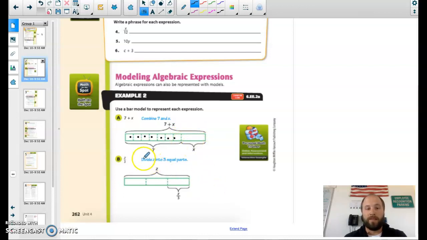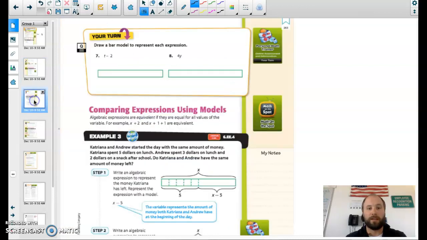Then we have z divided into 3 equal parts. If we had z divided by 3, this whole thing would be z, and then we're cutting it into 3 boxes. It's just another way to help you visualize what's happening here.